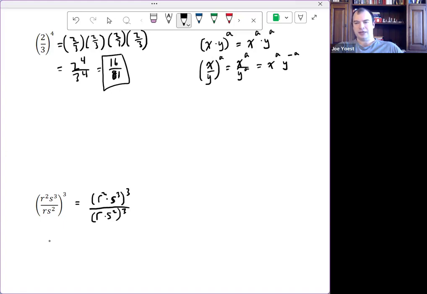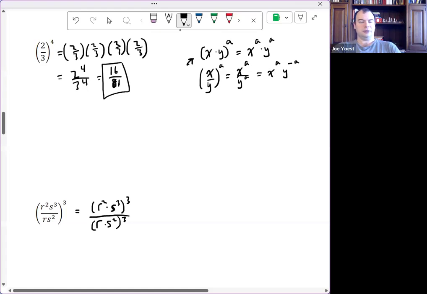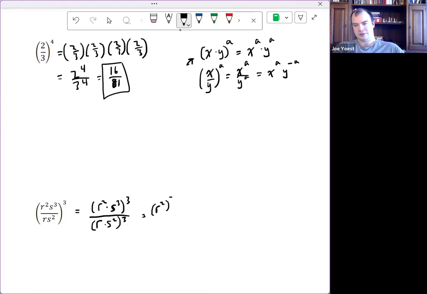And now I can use my other distributive property, x times y to the a is x to the a times y to the a, or I have r squared to the third times s cubed to the third. And that's all divided by r to the first to the third, or that's just r to the third times s squared to the third.